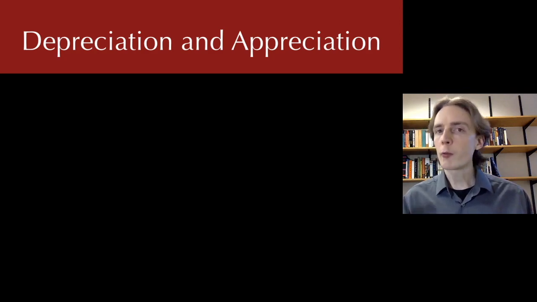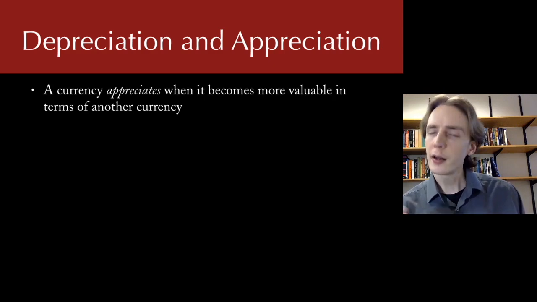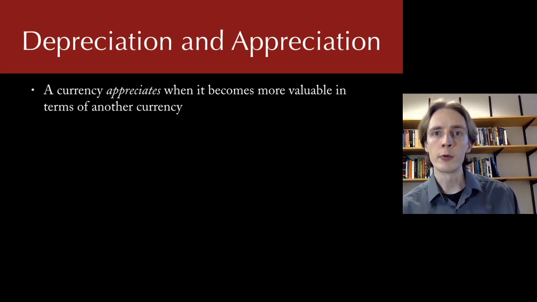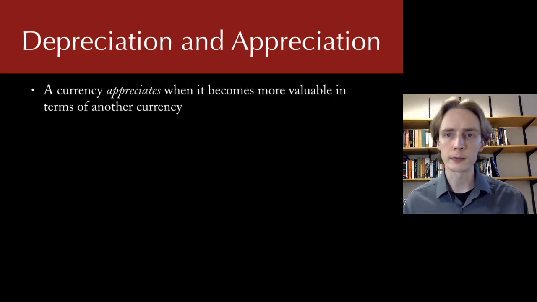But when we talk about rates of change in the exchange rate, we're going to be able to talk about appreciation and depreciation. And just like inflation and deflation refer to a rate of change of the price level, appreciation and depreciation are going to refer to rates of change of the exchange rate.